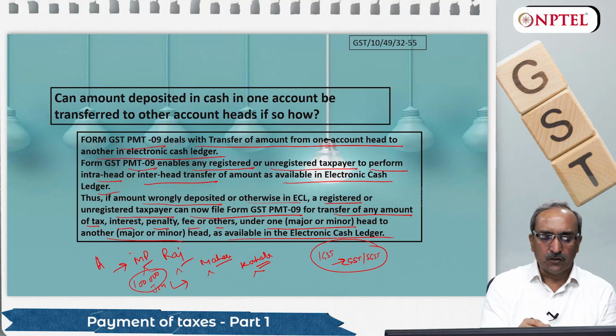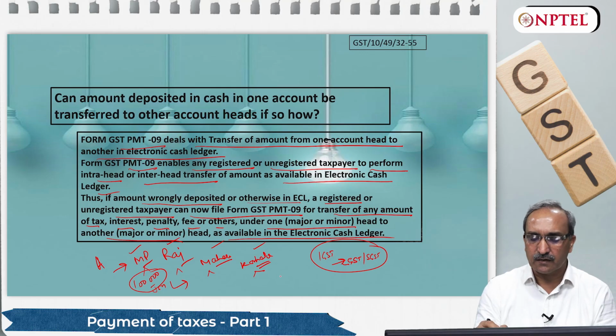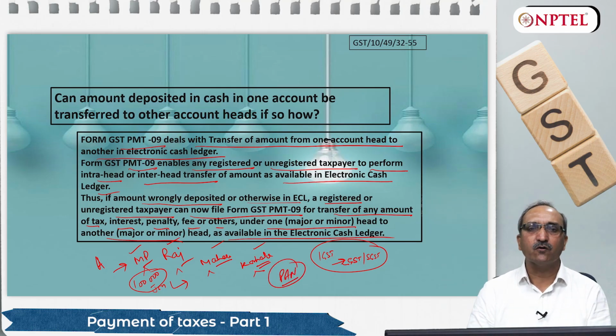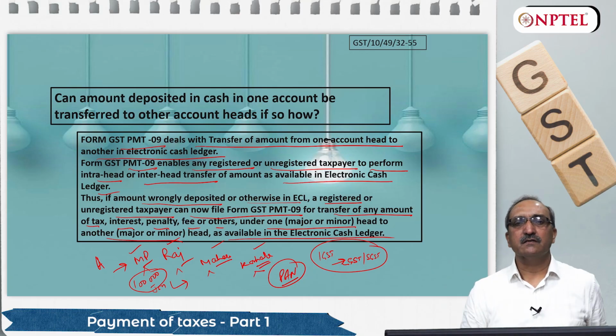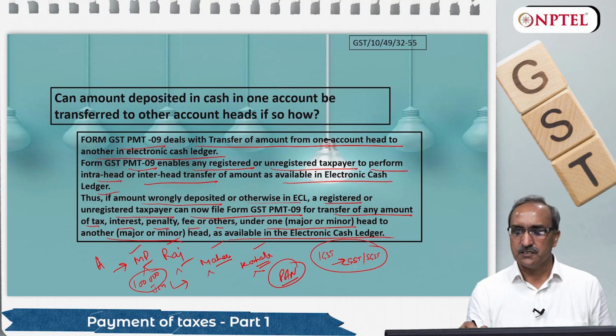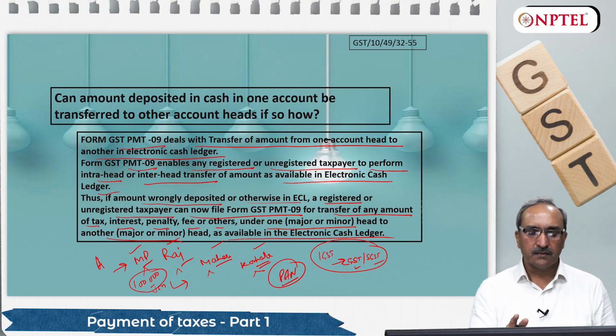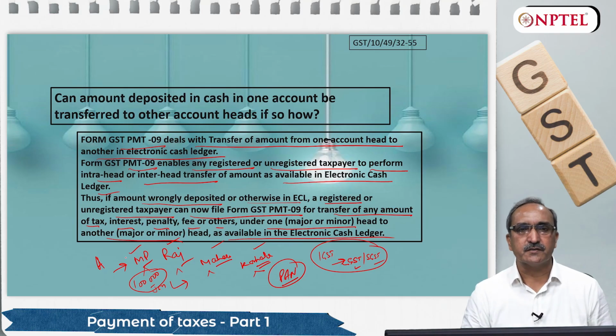Because all these GST numbers are under one PAN number. The PAN number of a company as a whole is one across India. GST numbers are different state-wise. So this amount can be transferred from IGST to CGST, SGST, or can be transferred to Rajasthan or other states in the same head or other heads, provided you don't have any liability in Madhya Pradesh.